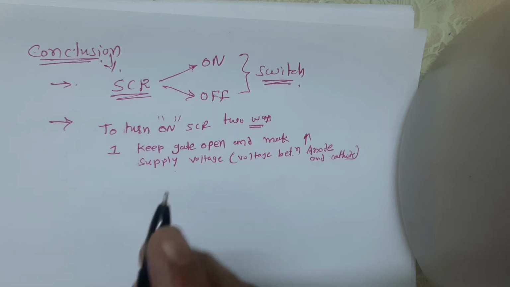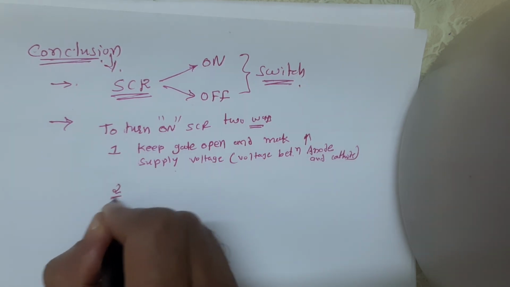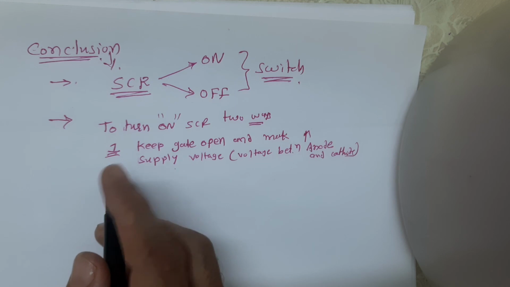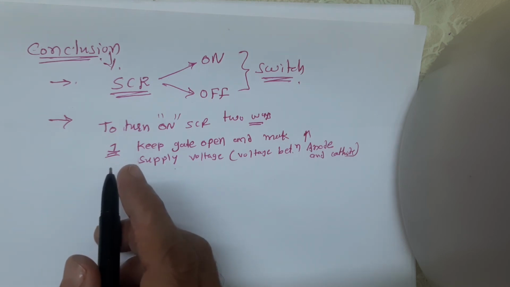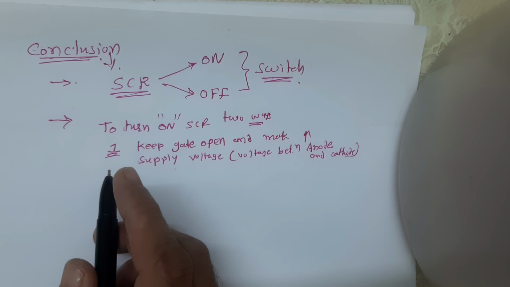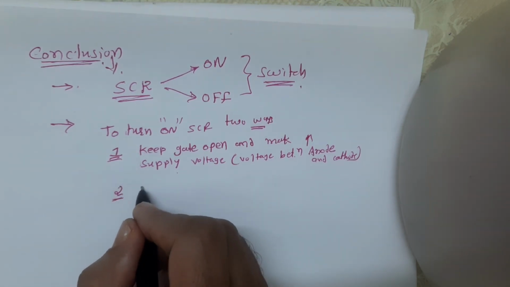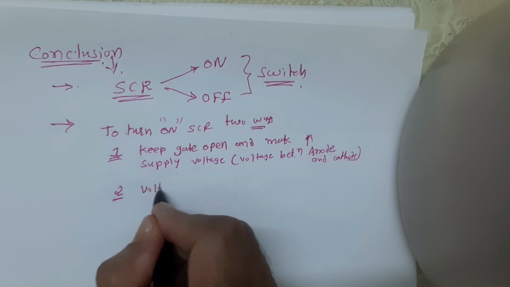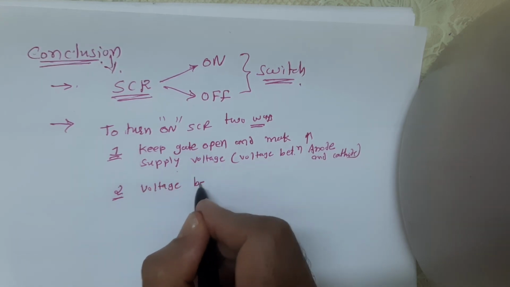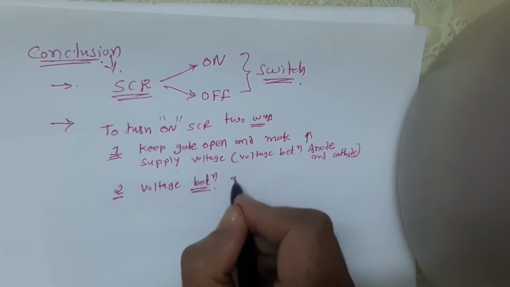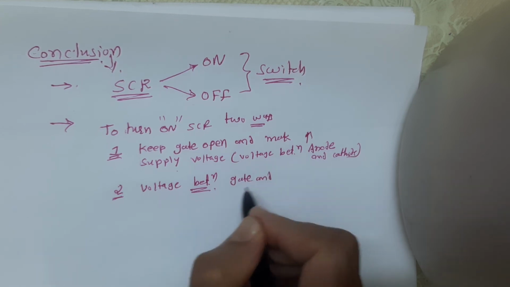This is your first method. The second method is to operate SCR with supply voltage less than breakover voltage and then turn it on by means of a small voltage, 1.5 volt or 30 milliamp. So in the second method there is a voltage applied between gate and cathode.